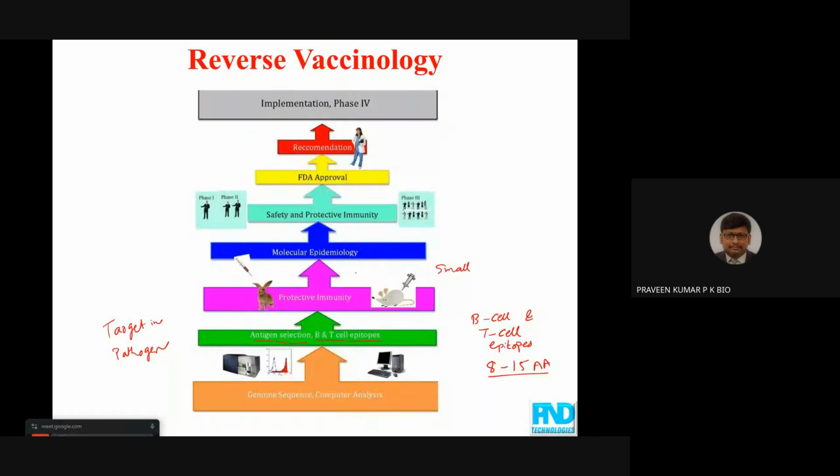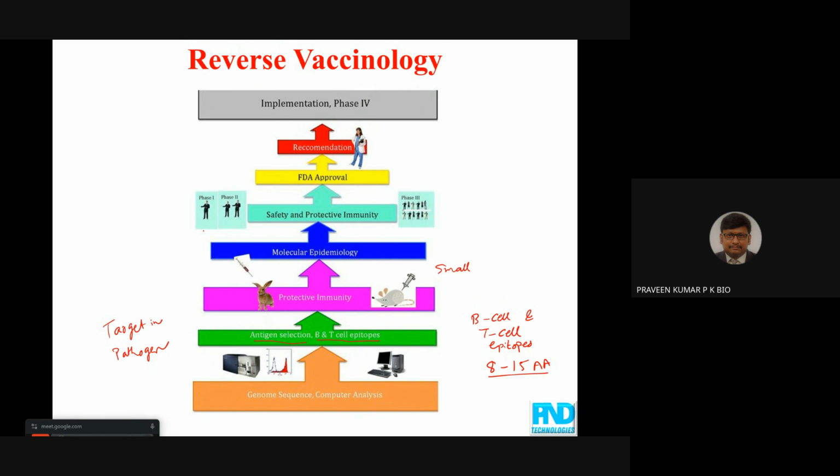Whatever we try to target, we can check the protective immunity, and then we can try with molecular epidemiology, for example when viruses are spreading and expanding in many populations. Initially, you should not skip directly to the phase 3 or phase 4 trial, but start with phase 1.